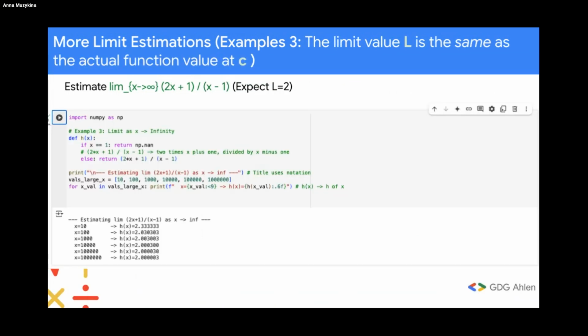This example demonstrates the limit as x approaches infinity of the quantity 2x plus 1, divided by the quantity x minus 1. The code defines h of x and plugs in large x values. The output shows h of x approaching 2.